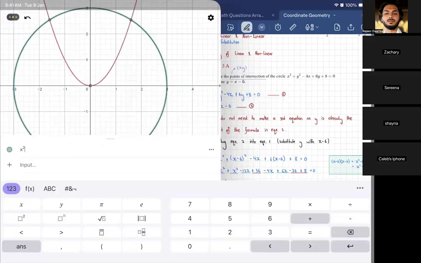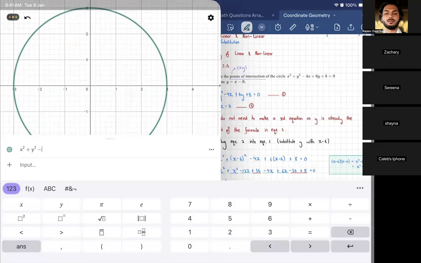Like I said, anytime you solve a system of equations simultaneously, you are finding the point of intersection between the two graphs. In this question, we had a circle and we had a line. So what you're finding is the point of intersection between the two things.